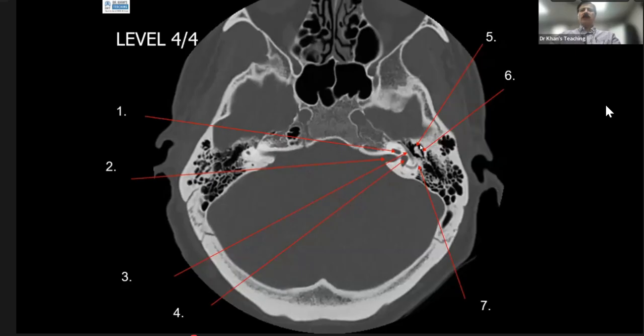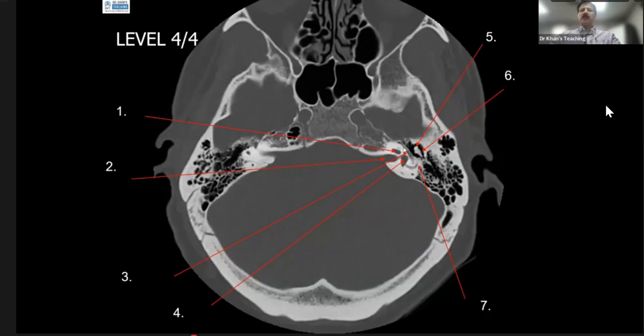Number five. So number five is regarding this bone here. And number six is this black space, the space between this incus and the bone. And number seven is this structure.